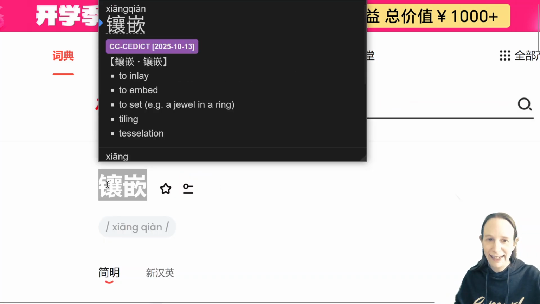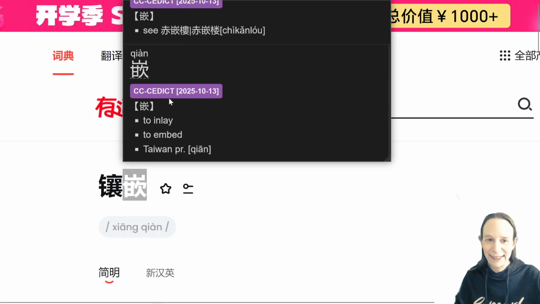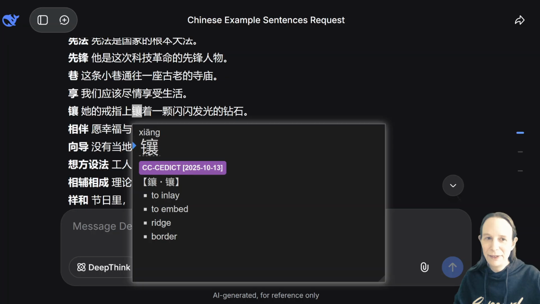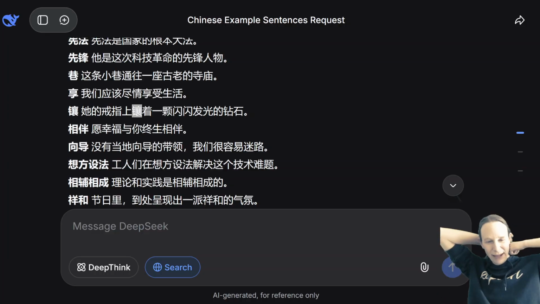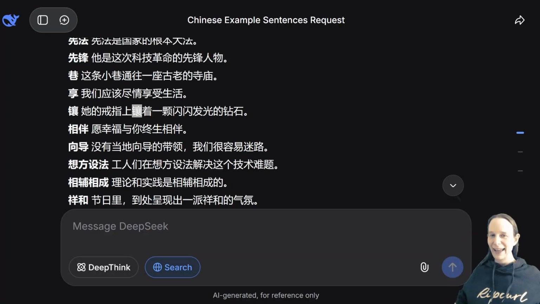They both are inlay, and you can use 镶嵌 and you can use 镶 and you can use 嵌, and I don't know the difference, but it's tricky because these characters basically only appear in that word or an equivalent word. So the characters are rare outside that specific context. Hard to remember them, I find.